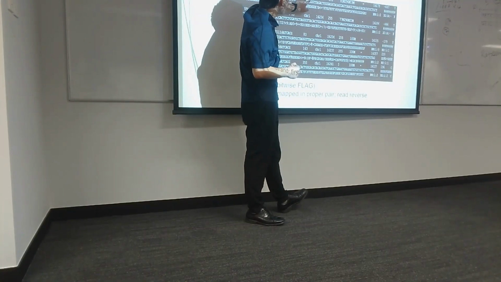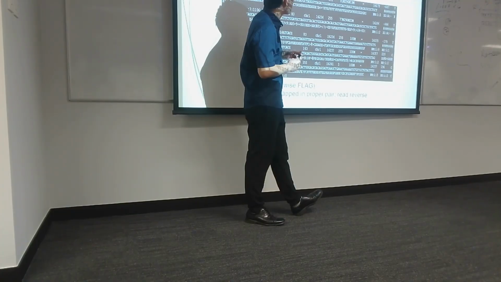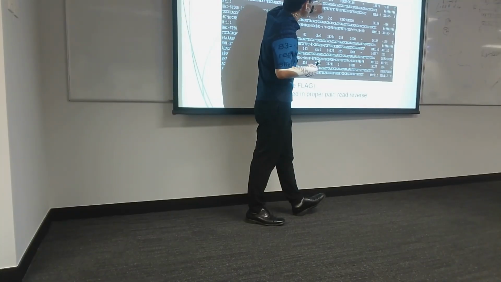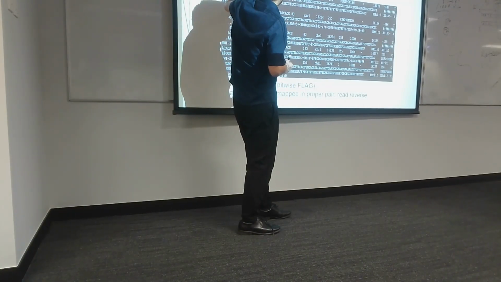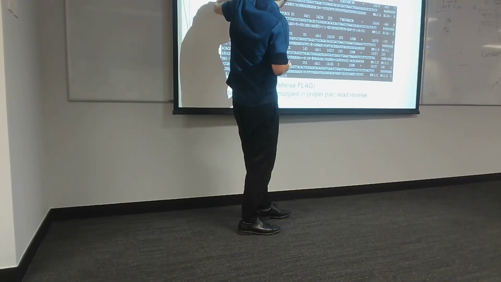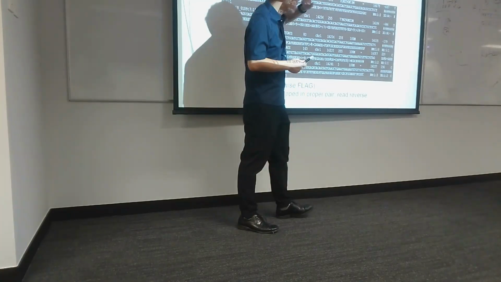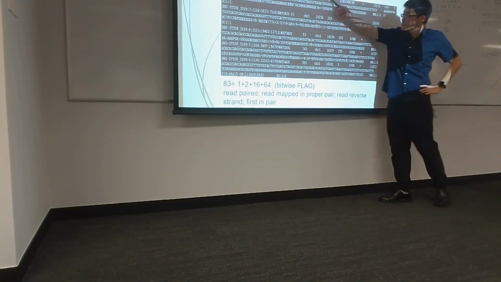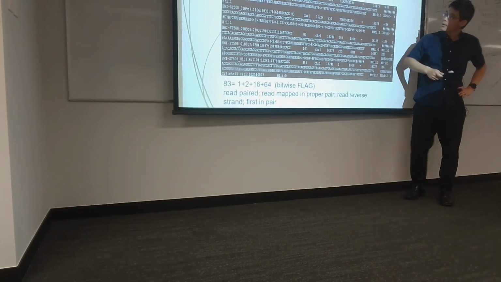We know a human has 24 chromosomes. So we check the chromosome ID and chromosome location, and this alignment told us that this read was aligned to chromosome 1, position 16230. And next is the mapping quality, MQ.